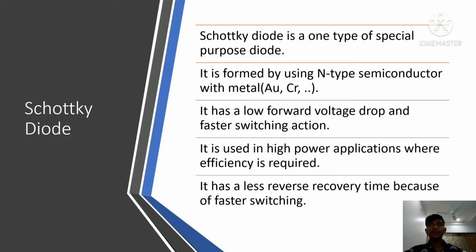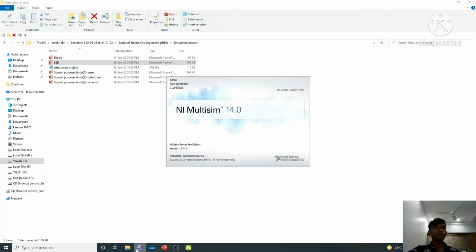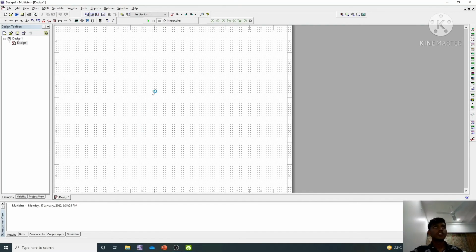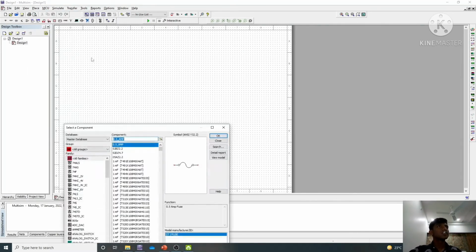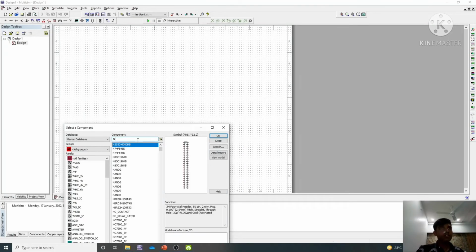So let's see in Multisim. First we will see why a normal diode is not able to perform this type of task which a Schottky diode is able to do.